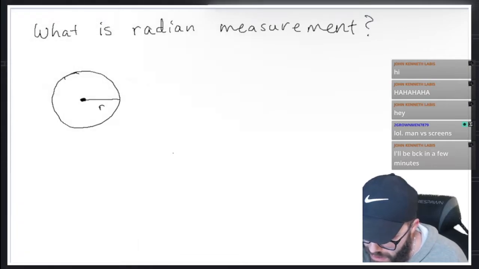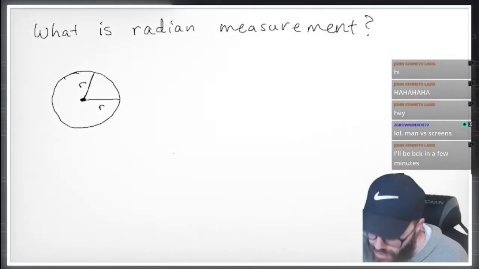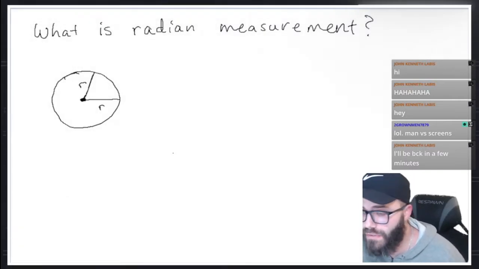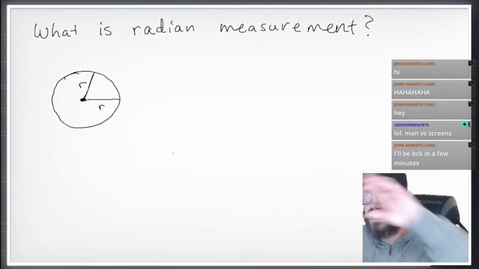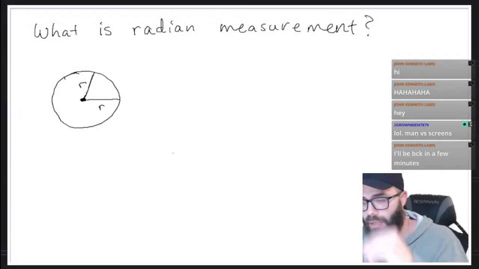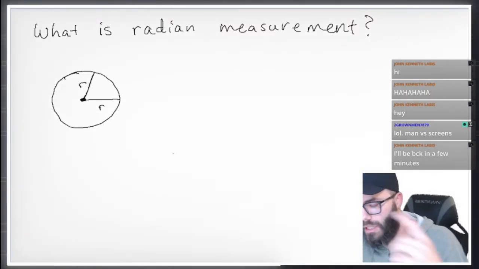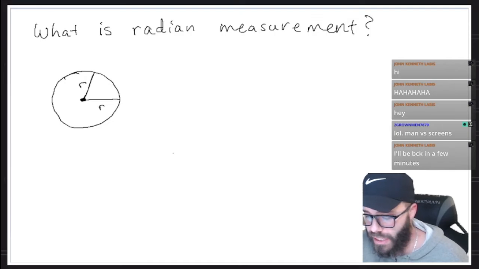If I have a radius there and say a radius here, radii are equivalent. So a radius anywhere about the circle is equal to any other radius about the circle. It doesn't matter where the radius is, it has the same measurement anywhere in the circle. So I have two radii here.